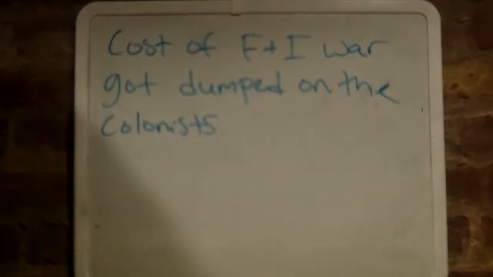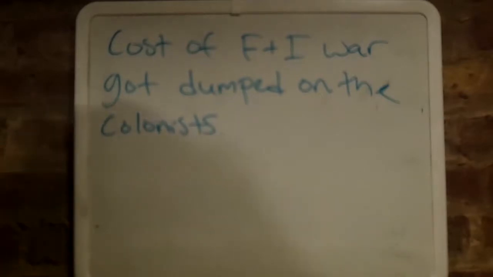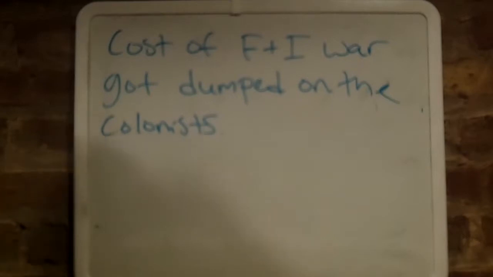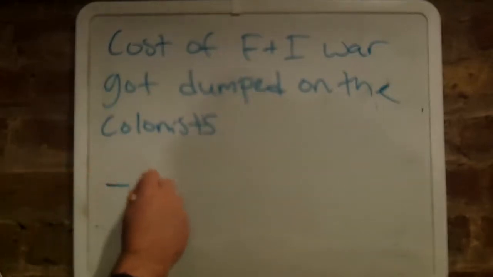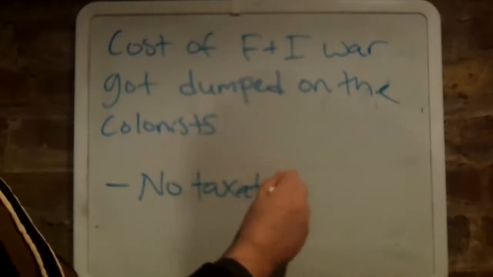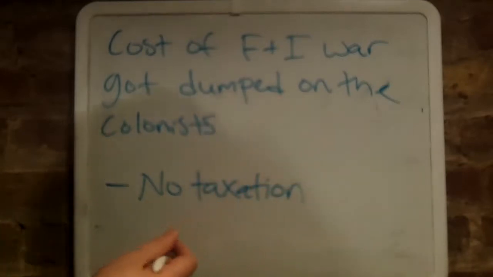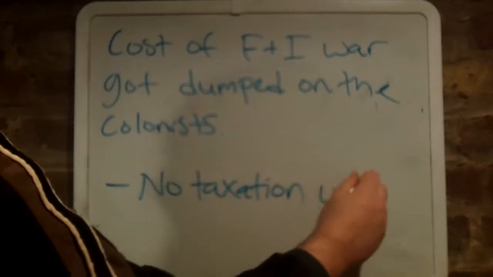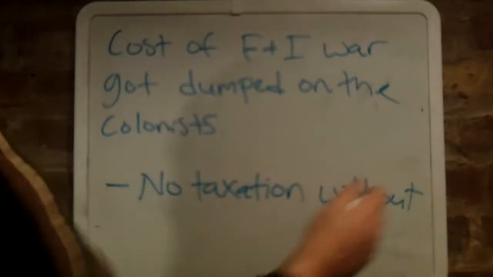And there were, of course, protests about this. To pay for this war, various taxes were imposed on the colonists, and this is where you start to hear the grumblings of revolution, the phrase "no taxation without representation." The colonists were not against taxes in principle, they just said they didn't want to pay taxes without getting a say in how they got spent.